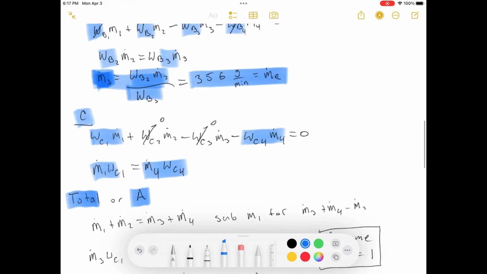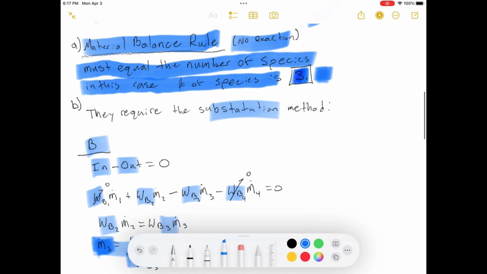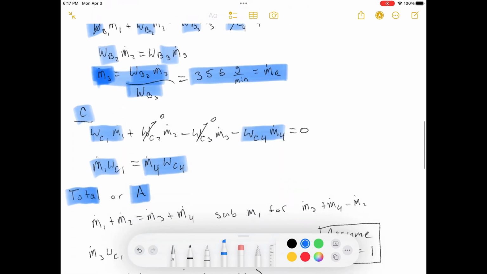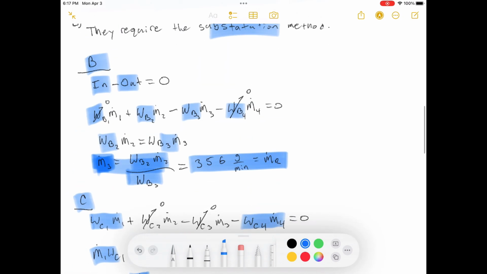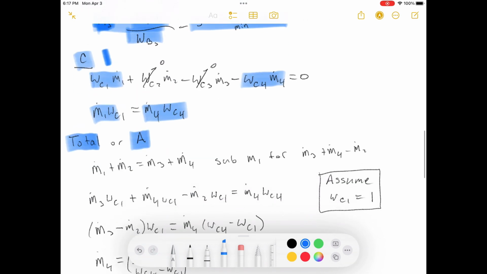Remember, we can only do 3 independent material balances. And look, it looks like I have 4: B, C, and total or A, right? That's why I put "or" here.